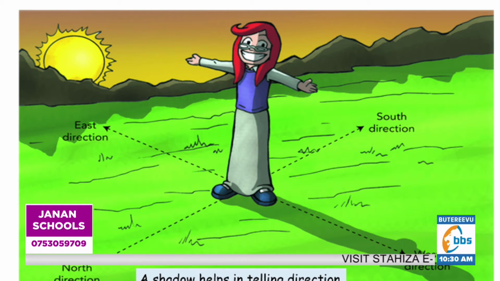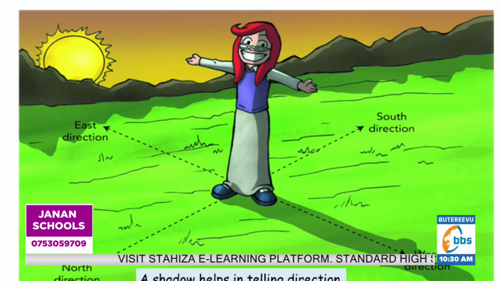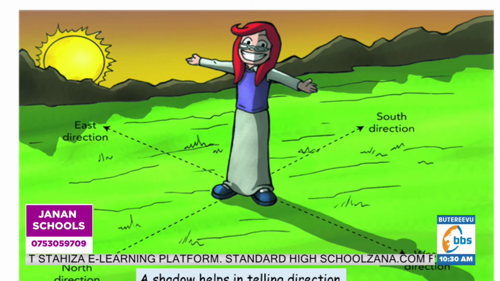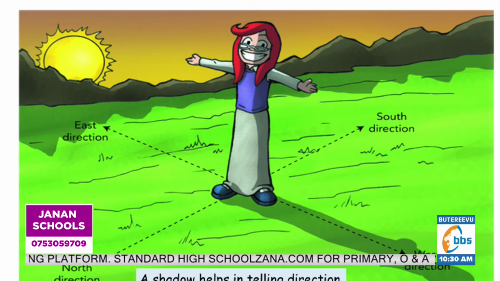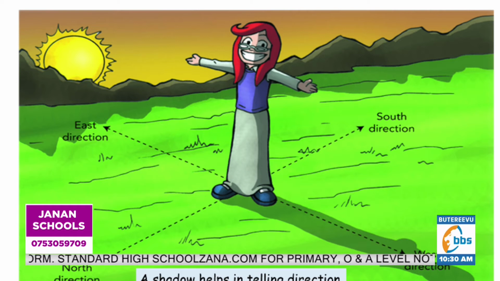You can easily find direction, because we all know that the sun rises from the east, and then finally we see it setting in the west. The SST will tell you that better.